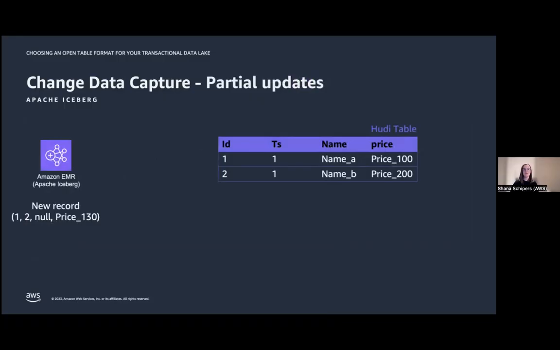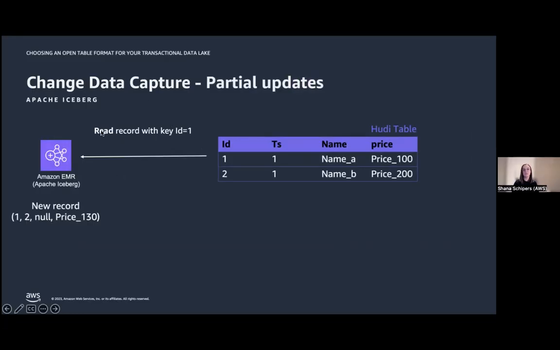And then for partial updates, same example as we looked at for Hoodie, also possible again with Iceberg, but again with some extra steps and a little bit of coding for you to do yourself. So the same example, if you applied this new record with a null field, a partial record, you cannot simply do an upsert.